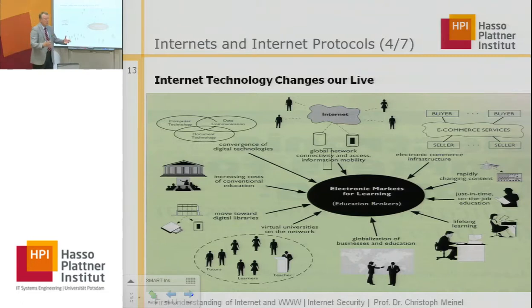Internet technology, this ability to interconnect computer networks around the world, has changed our life, has changed the way we communicate, the way we work, the way we do business, the way we shop. So here I have only looked at one market area, the electronic market for learning. With our Open HPI, we provide worldwide massive open online courses.